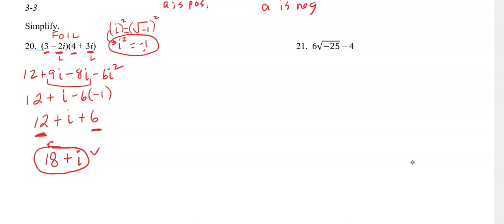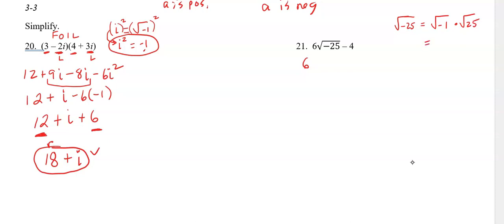Our last problem involves simplifying the square roots of negative numbers, but we're going to use the number i to make that happen. So what I need to do is change the square root of -25, simplify it. So if I'm using factoring, I would say that's the square root of -1 times the square root of 25.